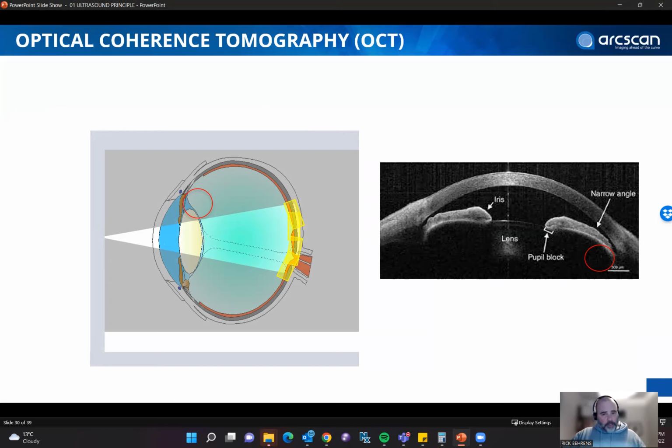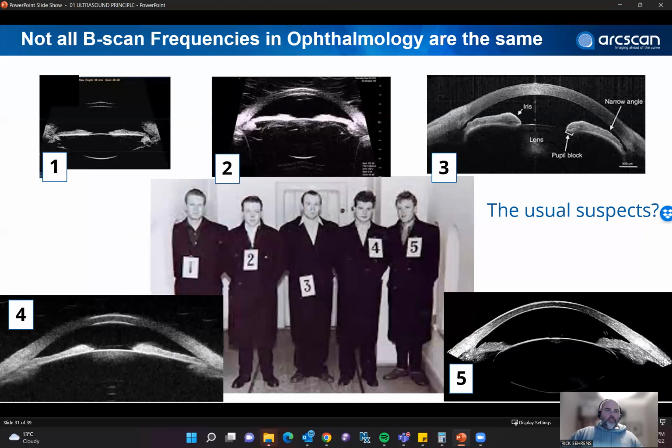This is very important for ICLs. This is very important when you see tumors. This is very important when you want to diagnose anything that is happening behind the iris. The OCT is great for the retina, great for the anterior iris, and fantastic for the cornea, but not for the back of the iris. You cannot read behind the iris.